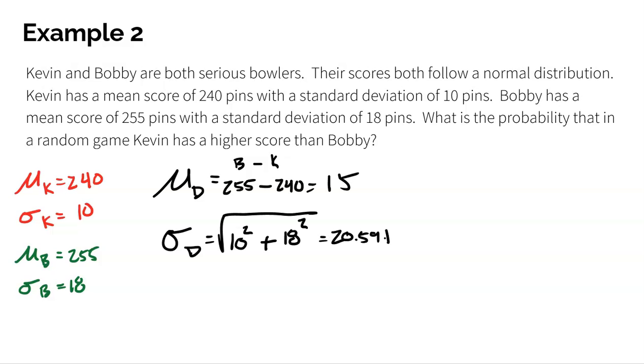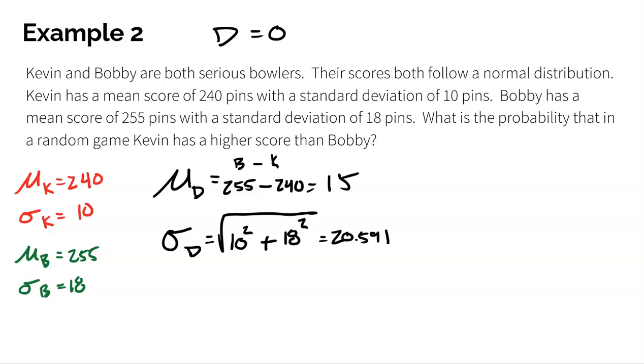Now, what's the question asking? Once again, the question is asking that Kevin scores more than Bobby. So let's think about this for a second. If the difference is 0, that means that they're completely tied. Anything greater than 0 is a positive number.